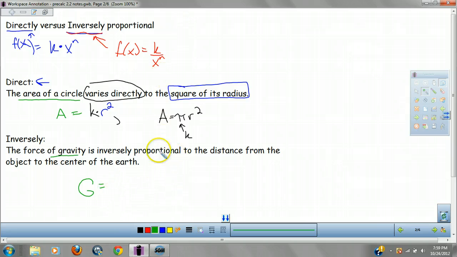Since it's inversely proportional, I know it's going to be a k on top of something, and that's the distance from the object to the center of the earth. So I'm going to put my x to the n down here.